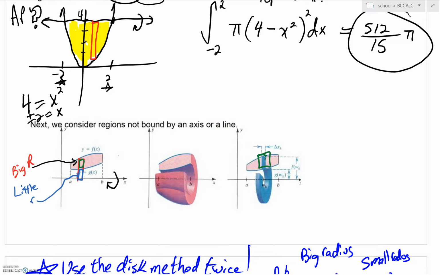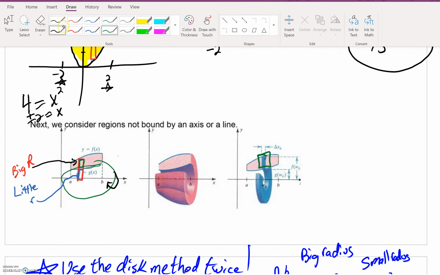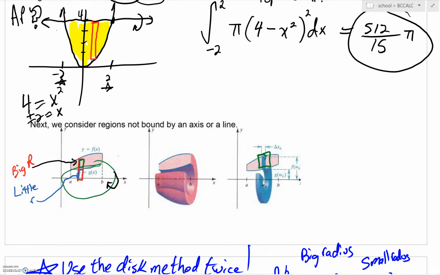But this washer method, we have to be so careful. There are some huge misconceptions with the washer method. We're really using the disk method twice. It's like taking your big radius, finding the volume all the way solid, and then subtracting this blank volume, it's like a takeaway problem.